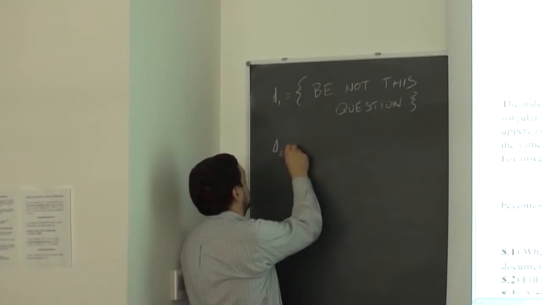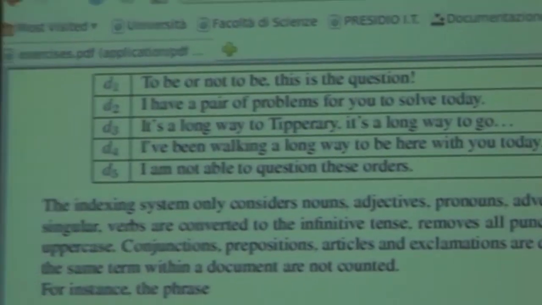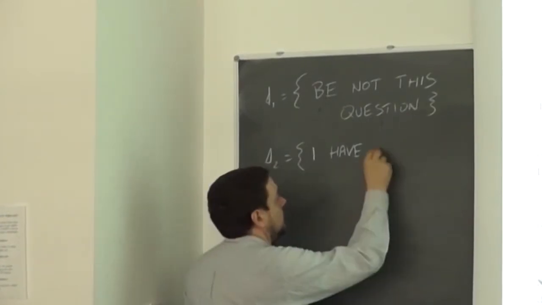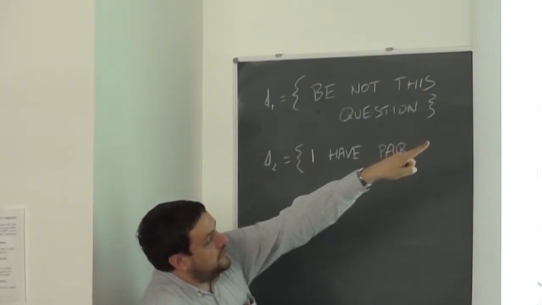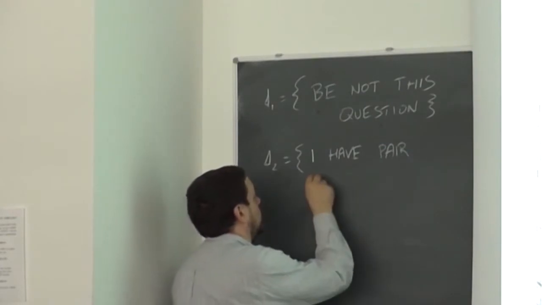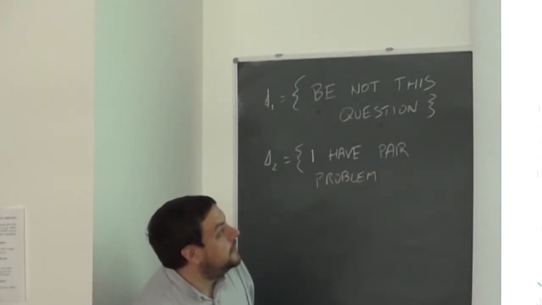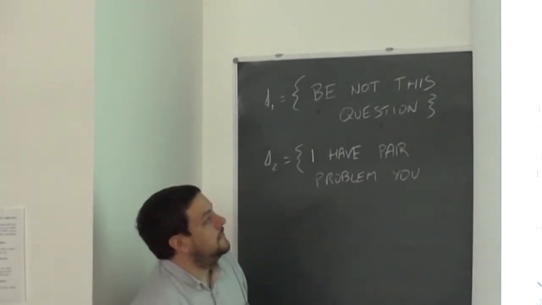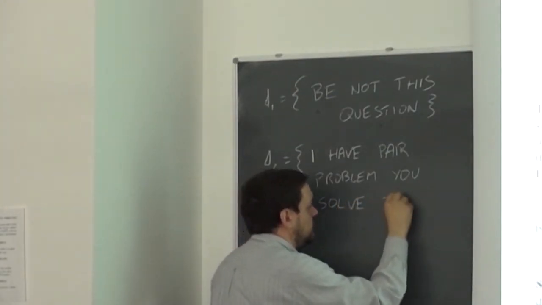The second document, same approach. The pronoun I, the verb have, the article a is discarded, the noun here, the preposition of is discarded, problem, so problem in the singular form, for is again a preposition and is discarded, you, to solve, and the adverb today.